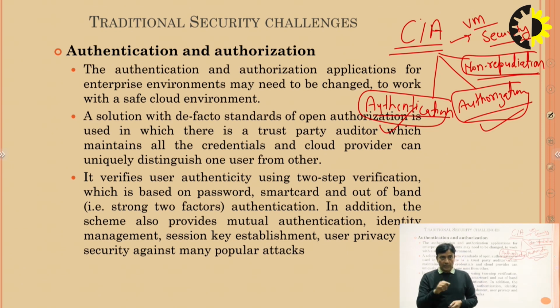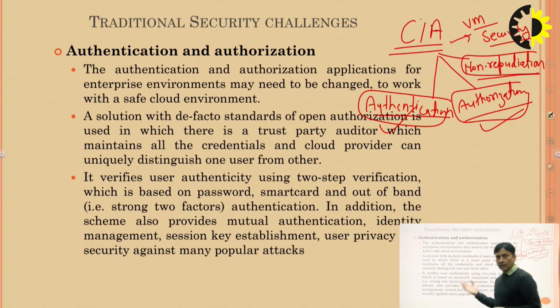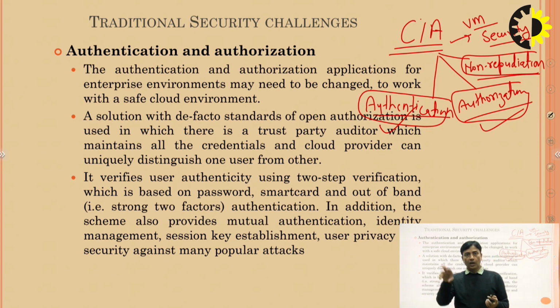So the authorization process decides which type of files you can use when you enter the system. Authentication ensures the identity, and authorization ensures which type of facilities, services, files, data, and information can be used by that authenticated user. I think now this is clear.